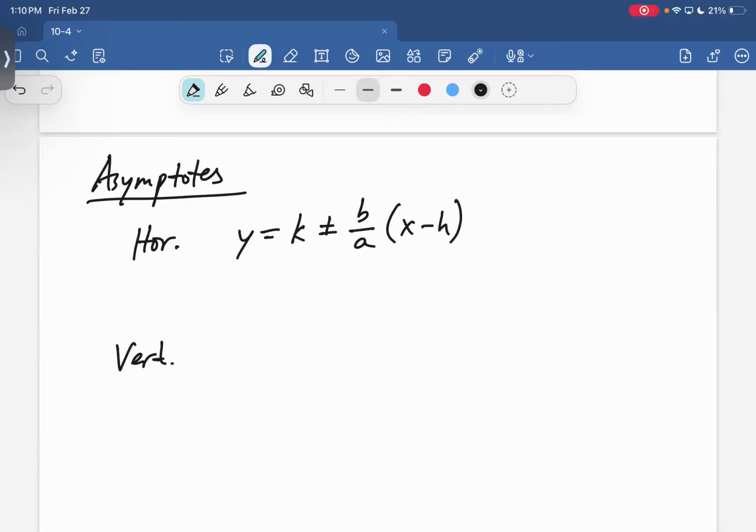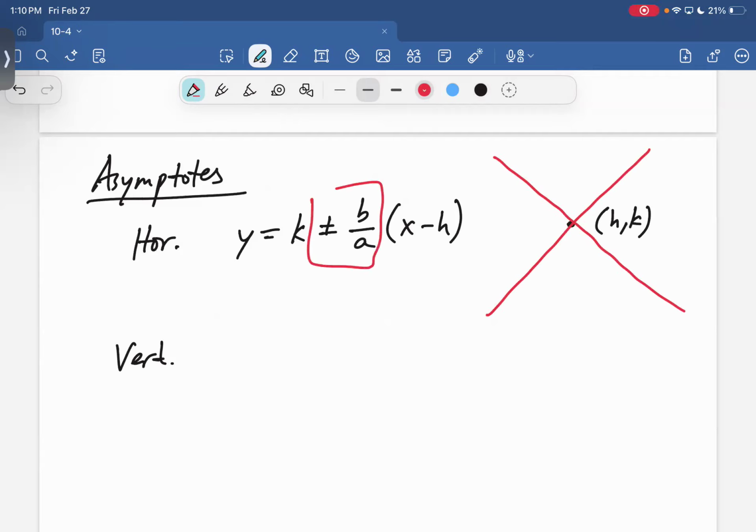So this is a linear equation, and we have two equations because we have two asymptotes, right? It's always going to go through the center of the hyperbola. So it will always go through the point h comma k, but one is going to have a positive slope and the other one is going to have a negative slope. That's why we have a plus or minus b over a.